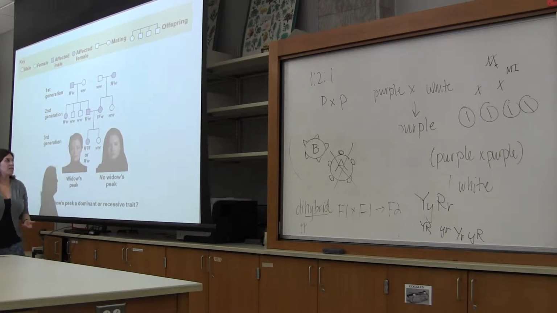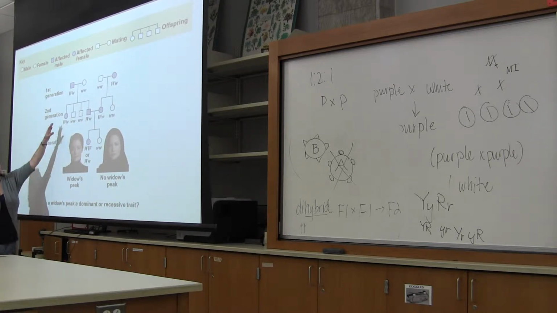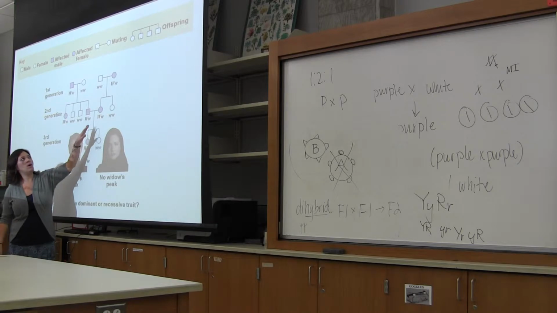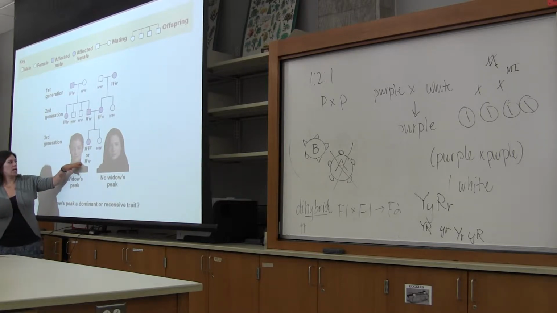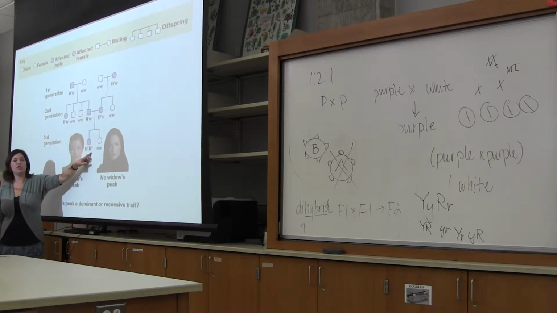offspring, one that is affected and one that's not affected. So based on this, and looking at the patterns of inheritance of those people that are affected, do you think widow's peak is a dominant or a recessive trait? Okay, well look at her. She's got a widow's peak, and she could have 2 different genotypes.